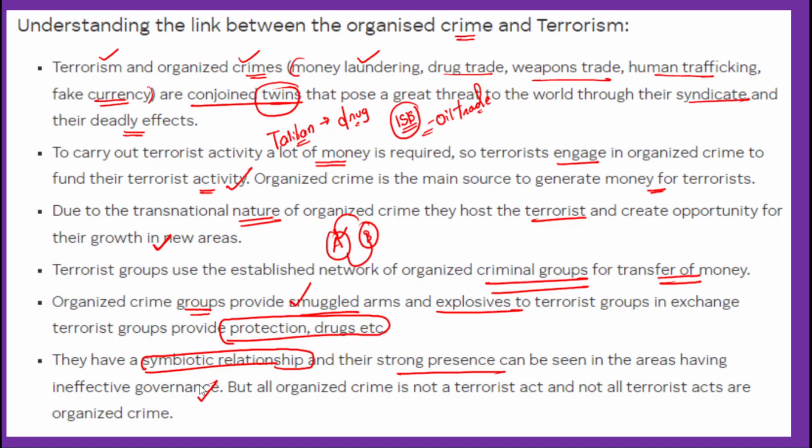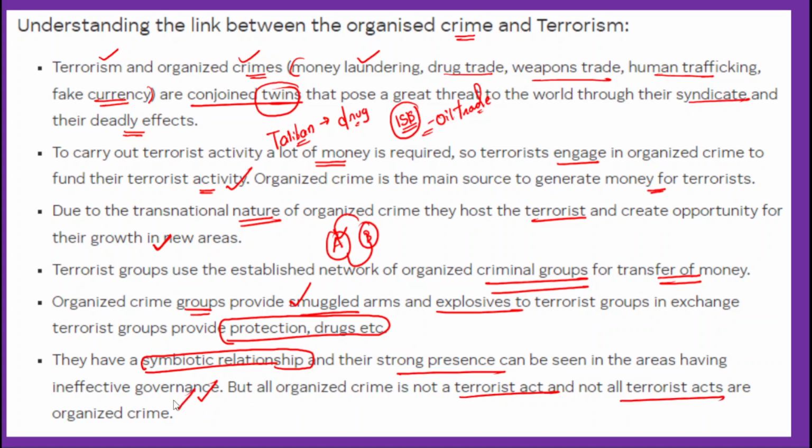Okay, for example, if there is ineffective governance in any country, then we can find the presence of terrorist organizations and other organized crime networks taking advantage of the ineffective governance. However, not all organized crime is a terrorist act, and not all terrorist acts are considered organized crime.